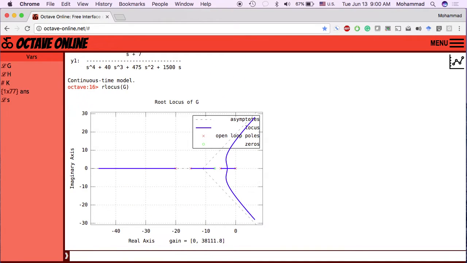Okay. So this is the correct root locus. And now we can add the 0.7 damping ratio and 1.8 natural frequency using the sgrid command.